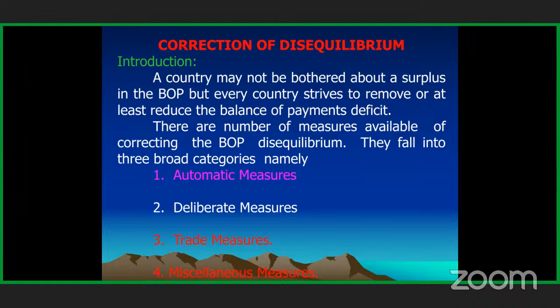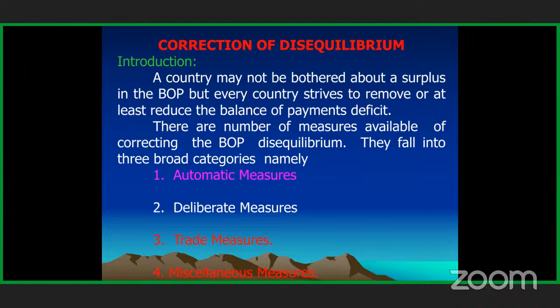Cyclical disequilibrium occurs either because the patterns of business cycles in different countries follow different paths, or because income elasticities of demand for inputs in different countries are different. This is known as cyclical disequilibrium in balance of payments.